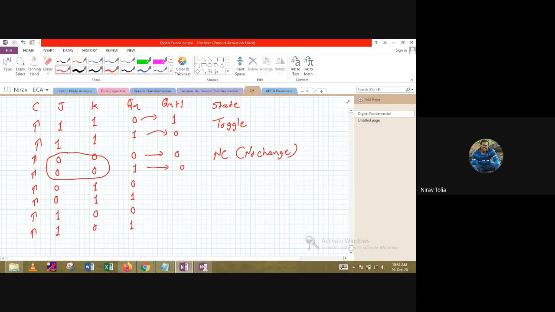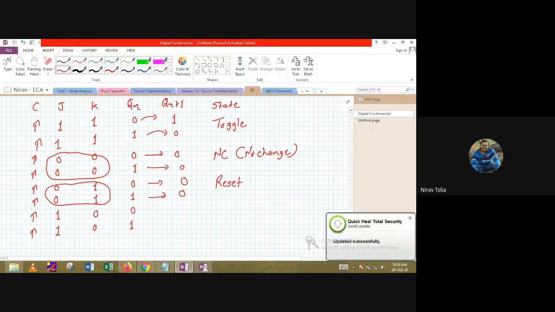Suppose my J is 0 and K is 1, so it is the same as a reset. If my Qn is 0 or 1, it doesn't affect the result. The state is known as the reset state.